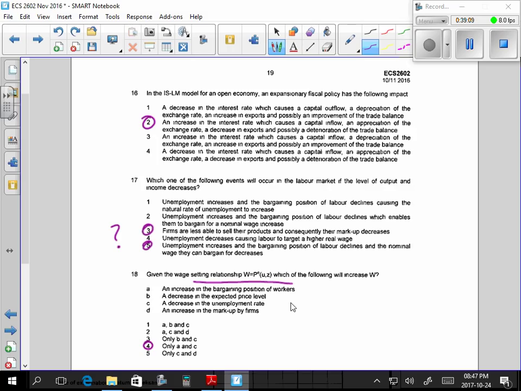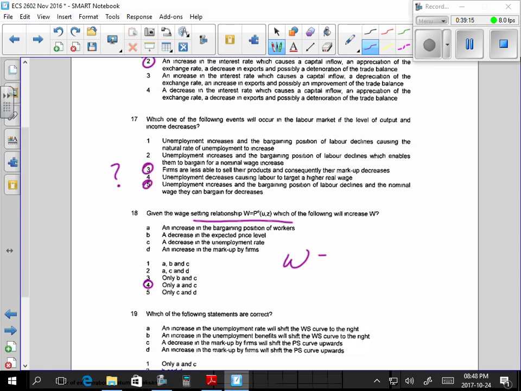It is positively related to price expectations, negatively related to the unemployment rate, and positively related to the catch-all variable Z.